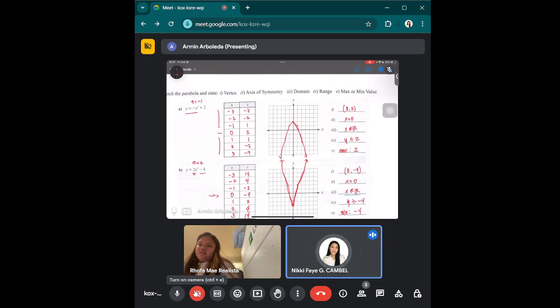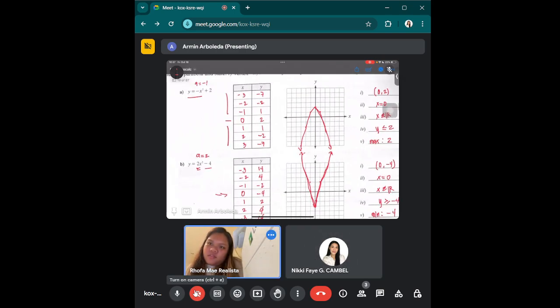So what did you notice between the two graphs? Our A here is -1 and our A here is +2. The -1 is pababa, and the positive one is pataas. And the second one is more narrow than the first one.